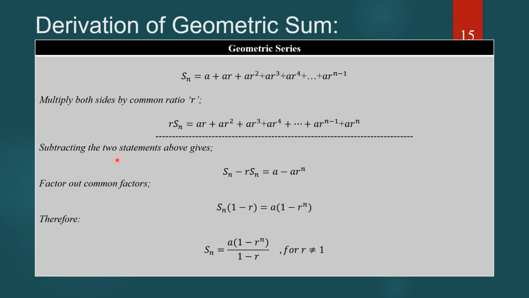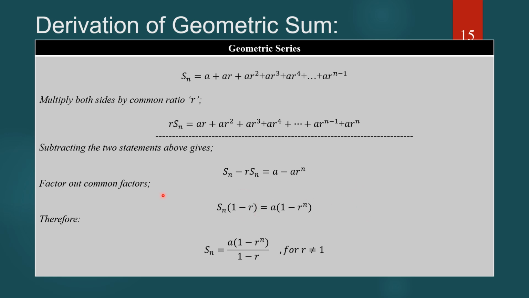Subtracting the two statements, we get on the left hand side Sn minus rSn, and on the right hand side we get a minus ar to the power n. The other terms subtract each other in between.